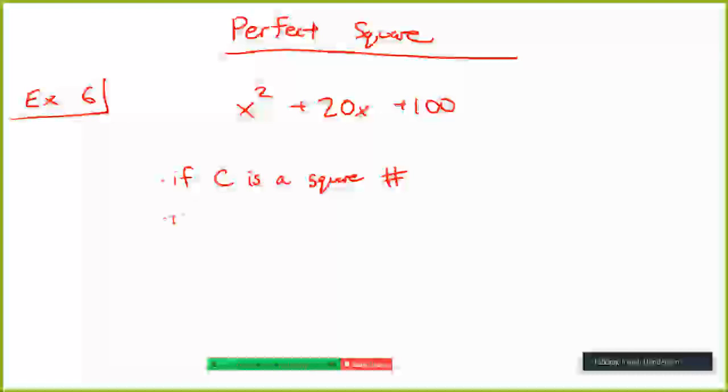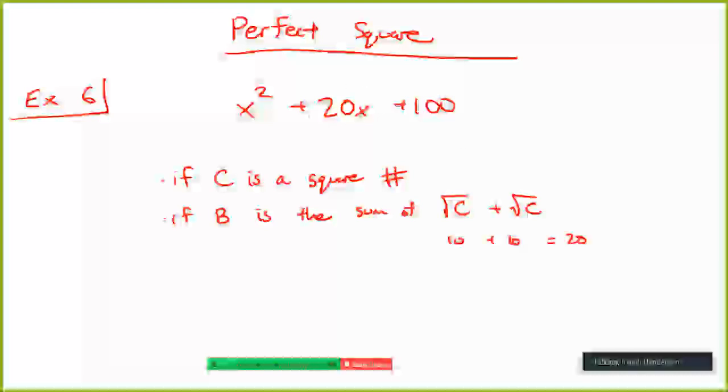And then also if b is the sum of the square root of c plus the square root of c. Let's double check that. What's the square root of c here? It's 10. 10 plus 10 is 20.